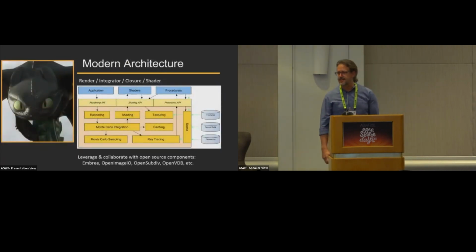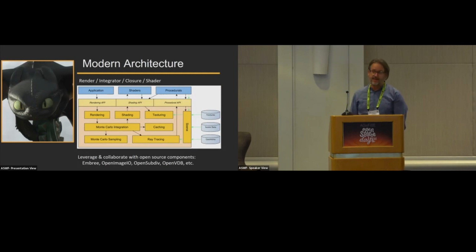We started this just about 10 years ago, but it didn't go onto our first movies until How to Train Your Dragon: The Hidden World 5 years ago. It's built on the principles of a separate integrator, Embree as a ray tracing core, and then closures on top for shaders and procedurals.